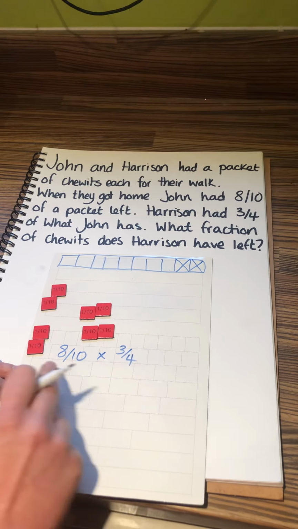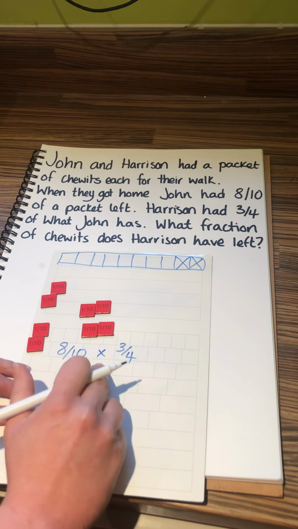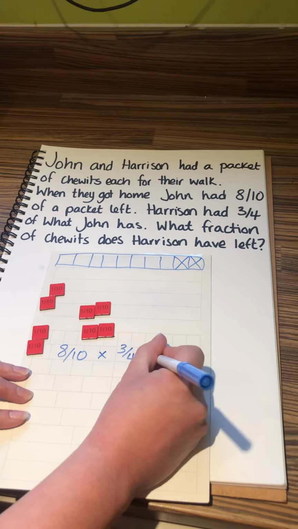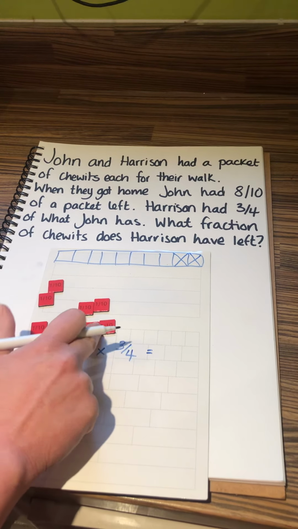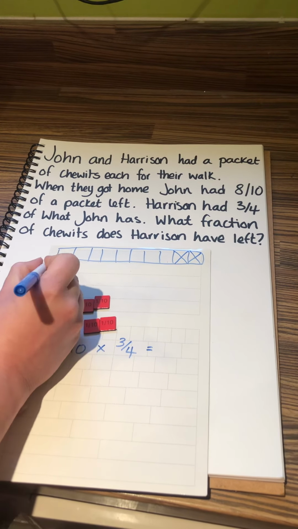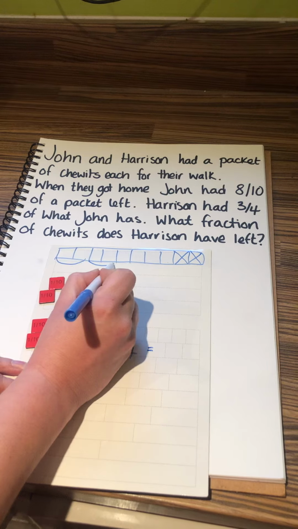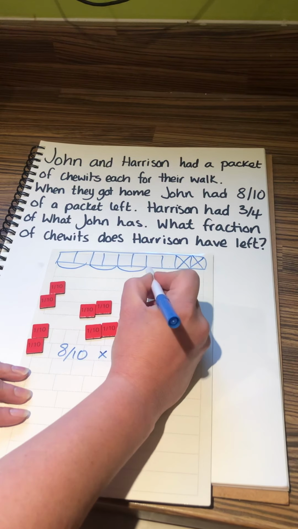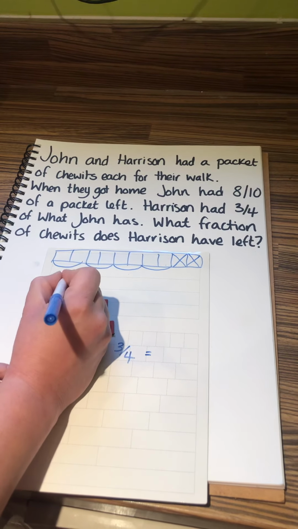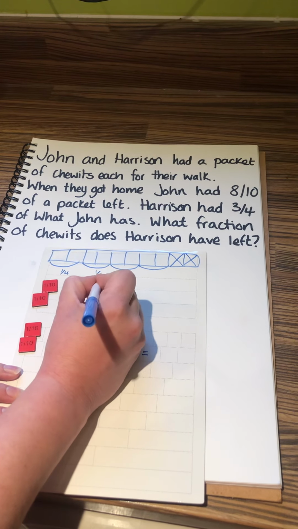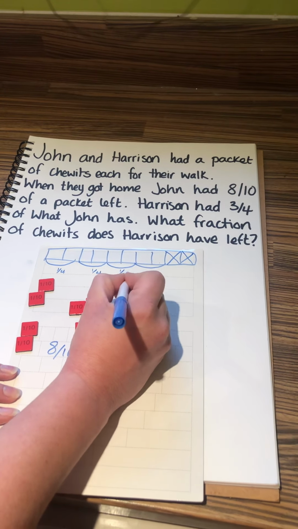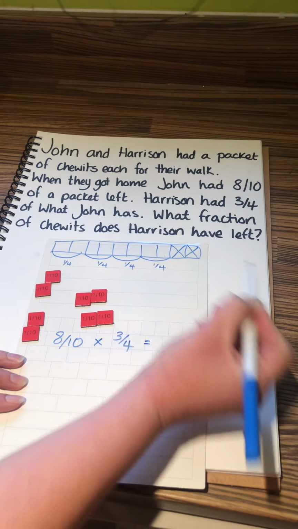Okay, so it's of. So we're looking for 8/10 of 3/4. Okay, so we've got these split into 4/4 at the top. 1, 2, 3, 4. So there, that's a quarter, that's a quarter, that's a quarter, that's a quarter.